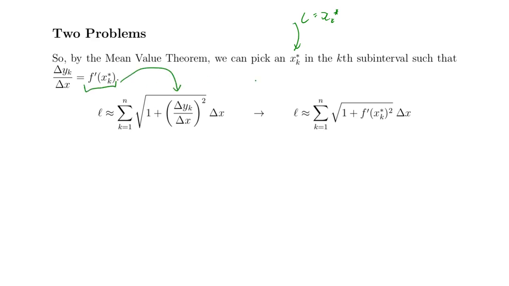Then we can swap that out. So we're just going to take this average slope here and swap it out for the instantaneous slope at x sub k star. Now, x sub k star is not representing some random x value. It's representing a specific one. It's the one that's guaranteed to exist by the mean value theorem. So we're just going to be clever with how we pick that thing. Then, once we've done that, we have that L is approximately equal to this sum of a function output with one input times delta x. This is a Riemann sum.